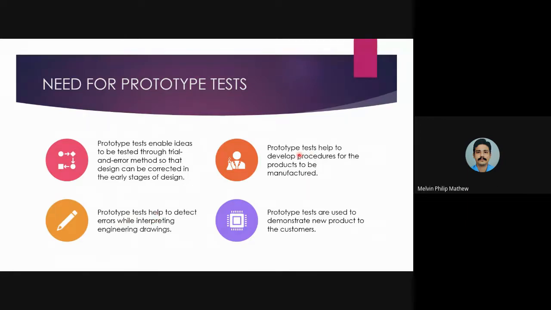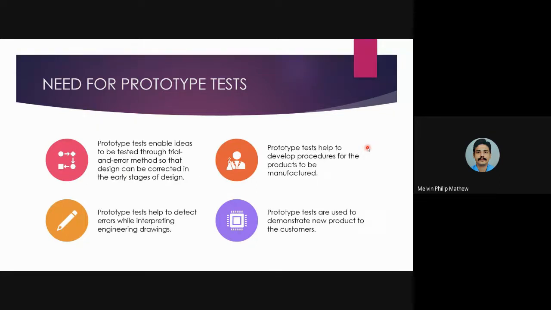Then next is, prototype test helps to develop procedures for the products to be manufactured. Various products are there, and common products have a specific technique or various steps to be carried out for building the product. When testing the prototypes, we finally have to produce the product at a larger scale, or mass production has to be done.